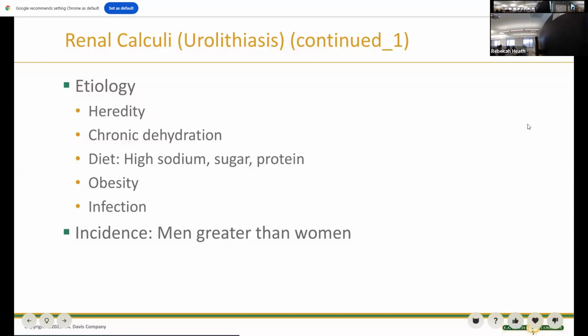If you're obese, or if you tend to have infections, specifically UTIs, you are also more likely to have these stones form. So just like our risk factors for urinary tract infections, we want to know what the risk factors are for somebody having stones. Also, unfortunately, men are at greater risk than women. I'm not sure why. My hypothesis is that women are better at drinking fluids. I don't know that, that's just what I think.